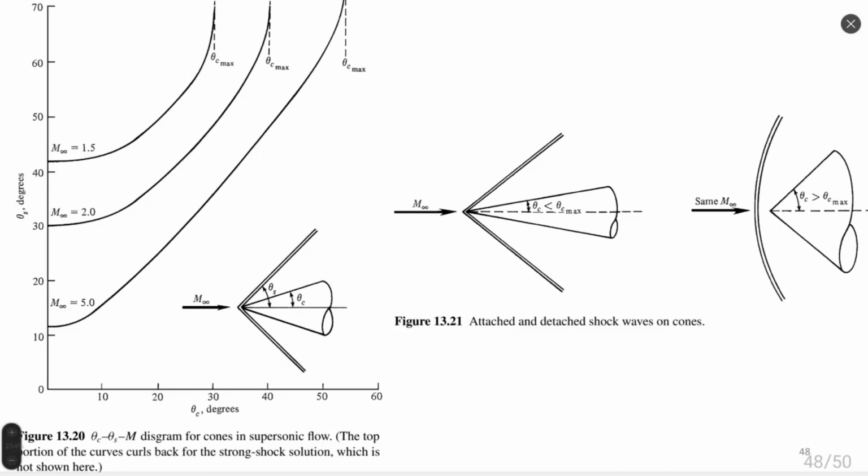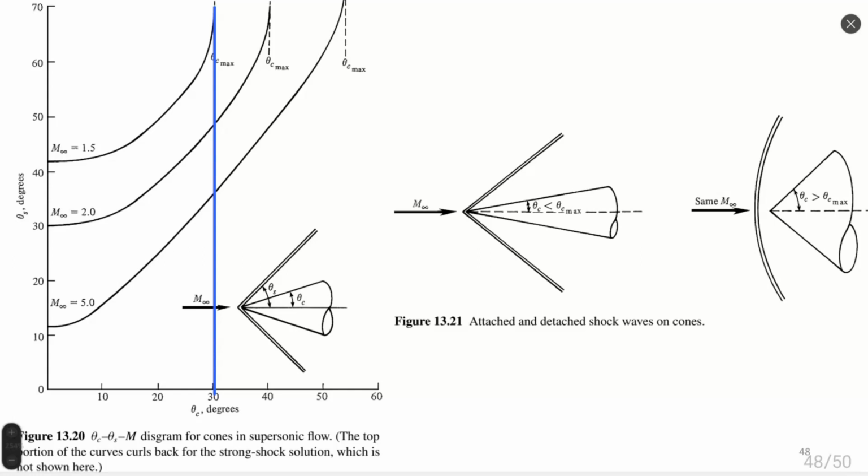For each of these Mach numbers, we have a limiting or maximum possible theta c. Let me try to make a straight line. Yeah, that corresponds to some value of the angle of the body, saying to us the maximum angle at which an oblique shock wave may exist.